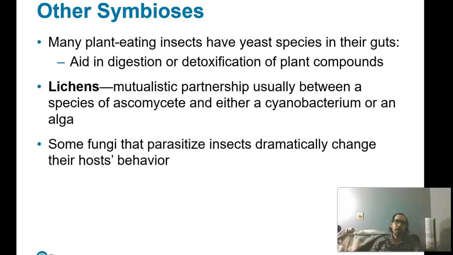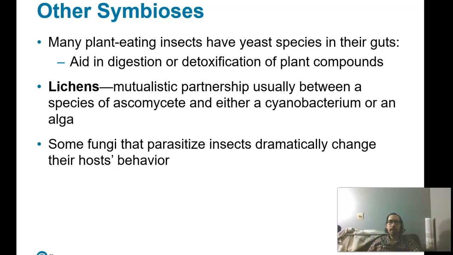Other types of symbioses. So many plant-eating insects have yeast species in their guts that allow them to digest or detoxify plant compounds.